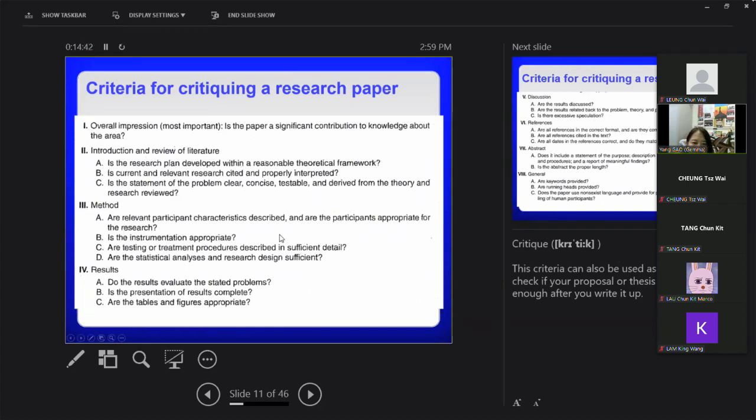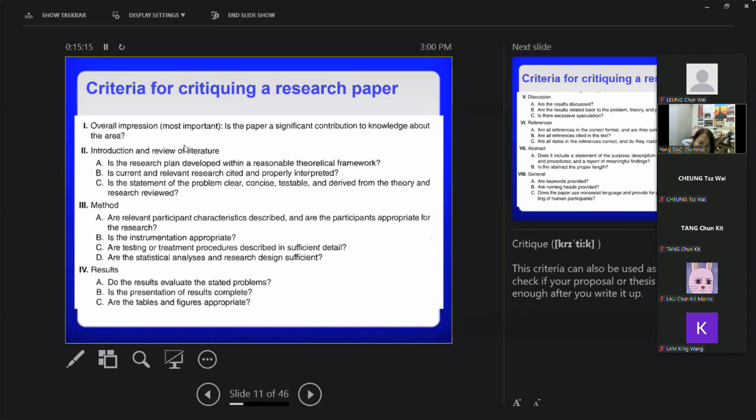These slides and the next one show the criteria for reviewing research articles. When you're reading an article, you should bear in mind to keep a critical review approach. That means you need to not only use your eyes, you also need your brain to think.